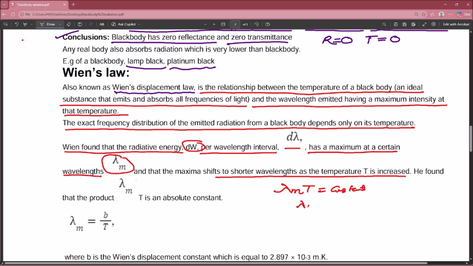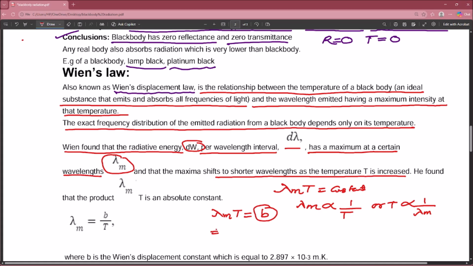That means λm is inversely proportional to T, or we can say T is inversely proportional to 1 by λm. So λ into T is equal to a constant, and this constant is replaced by b.